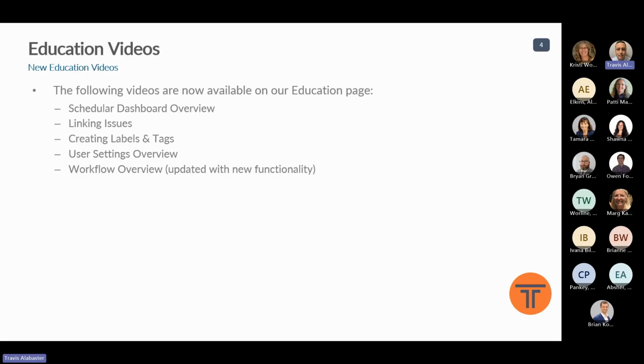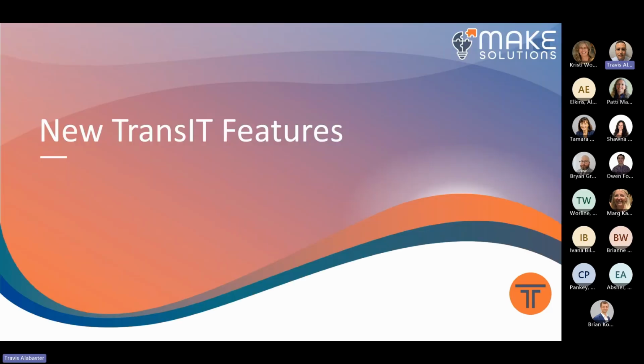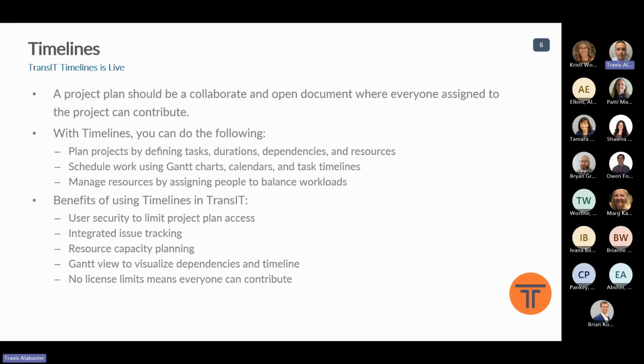In terms of the new features, as I mentioned earlier, we did go live with our project management tool inside of TransIT called Timelines. It is a project management plan tool that you can collaborate and use with your teams. I've just added some information up there in terms of what you can and can't do in the timelines.